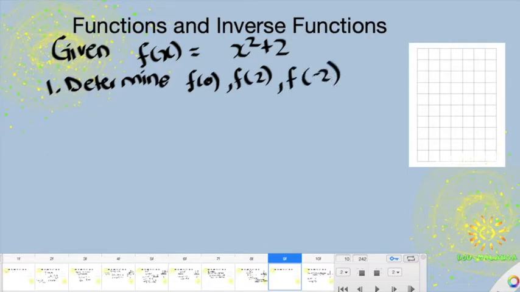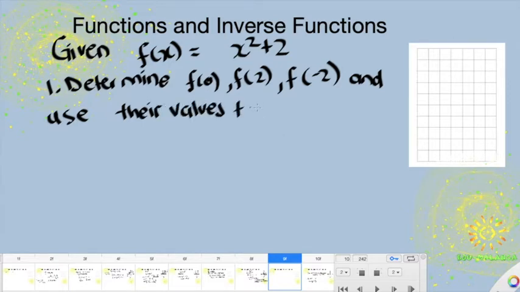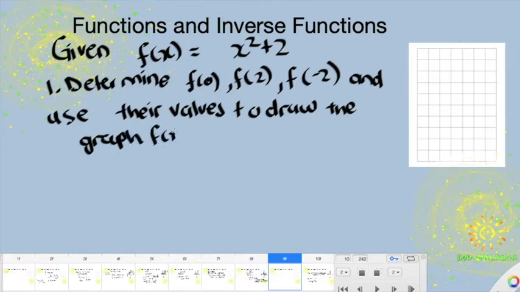So we're told to substitute these values of the domain, or x, and use their values to draw the graph of fx. This is the relationship fx, this is the graph of fx that we're going to draw.